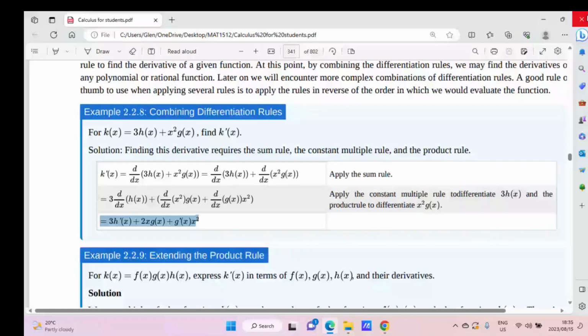Lerato, f of x and g of x and h of x represent functions. So when you apply the product rule, you just say f prime of x times g of x and h of x. In simple terms, we are separating the functions.